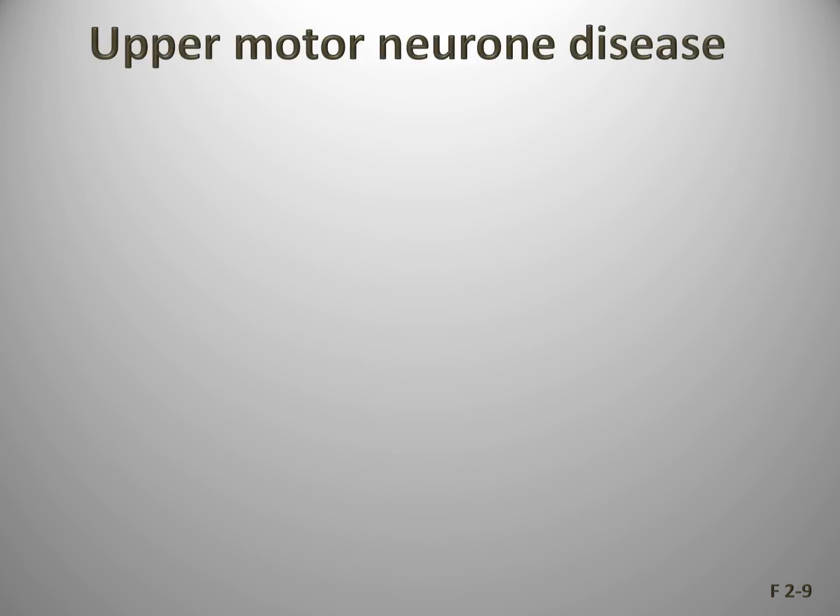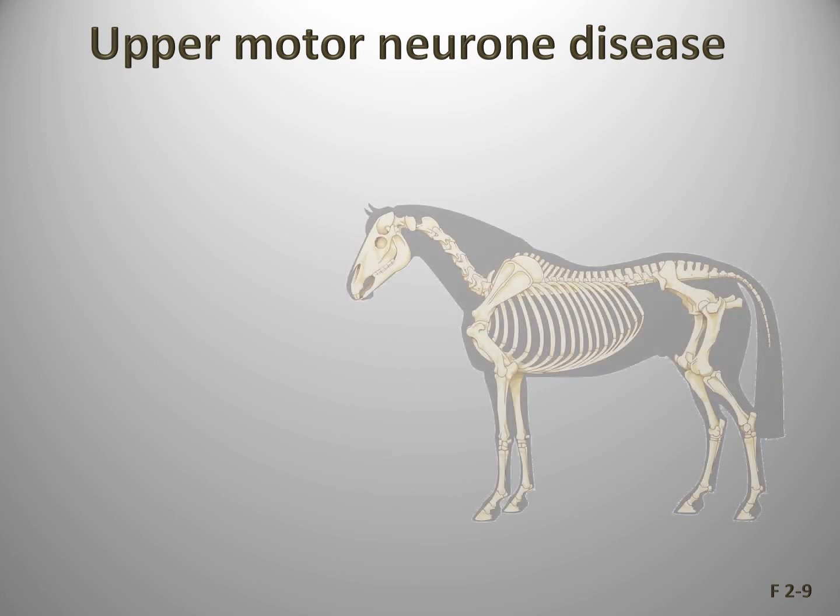The last topic we have to cover today deals with motor neuron disease, which relates to damage to motor neurons in different areas of the nervous system. Motor neuron disease is divided into upper and lower motor neuron disease. Upper motor neuron disease involves damage to the central nervous system.